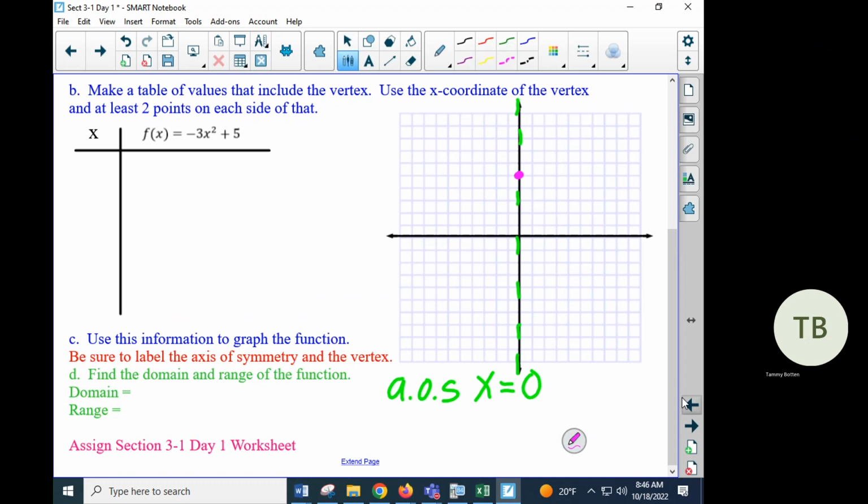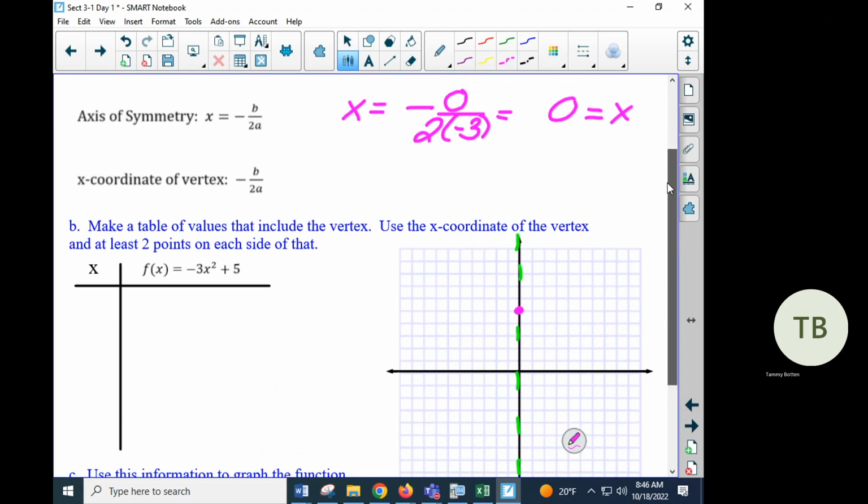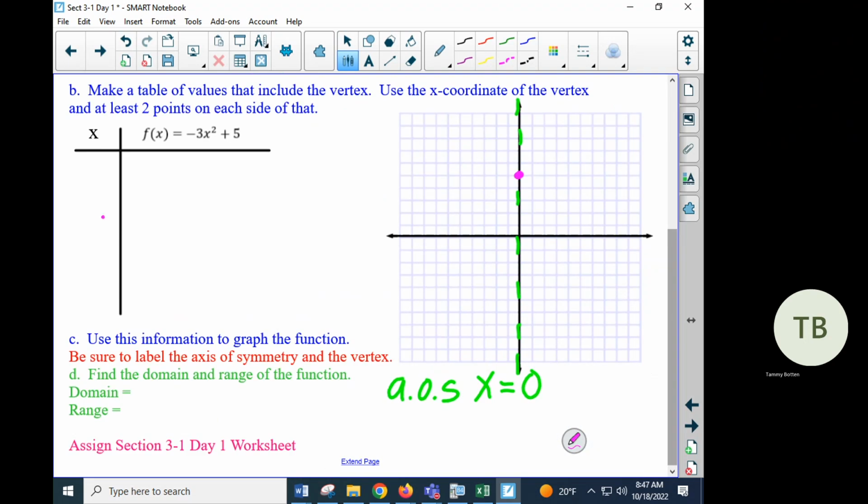The other thing that 0 tells me is that's going to be the x coordinate of my vertex. And I put that here. And then I do a -1 and a -2 below it and a 1 and a 2 above it. And that's where I use my calculator.